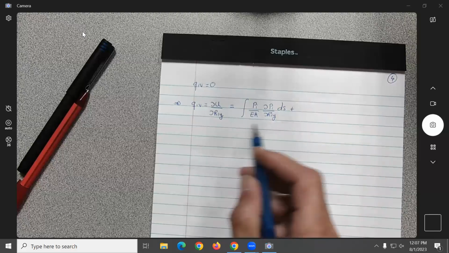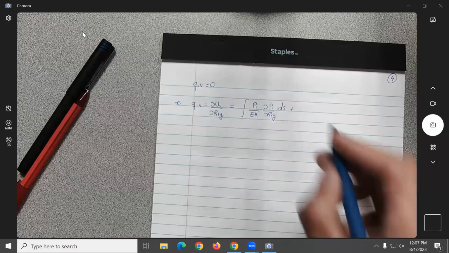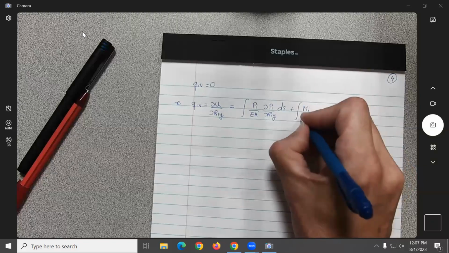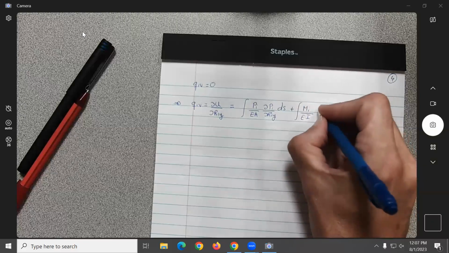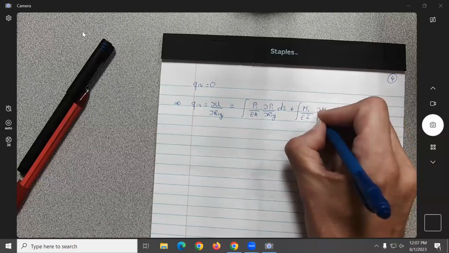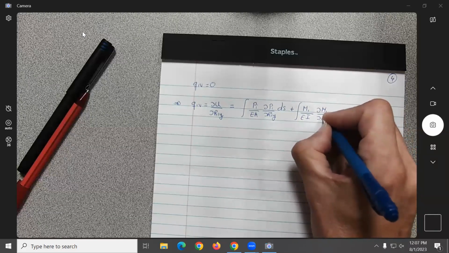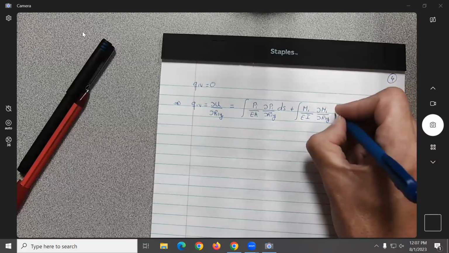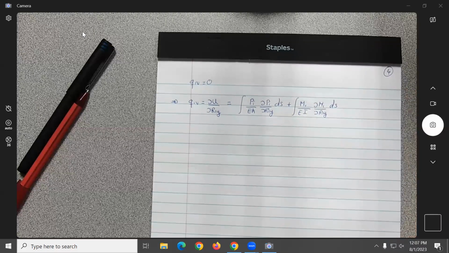This is the same thing as we did yesterday, plus the integral of M sub i over EI, partial M sub i over partial R1Y, ds.